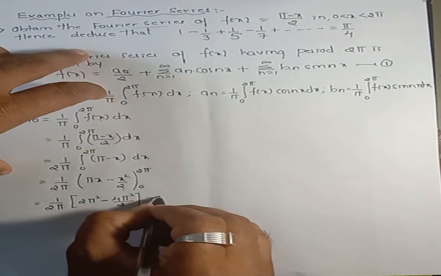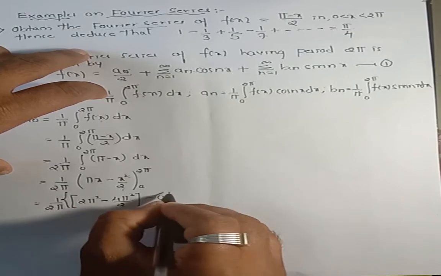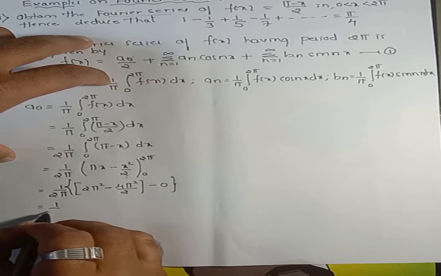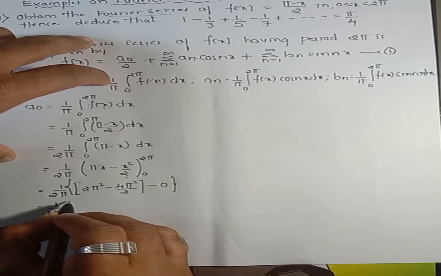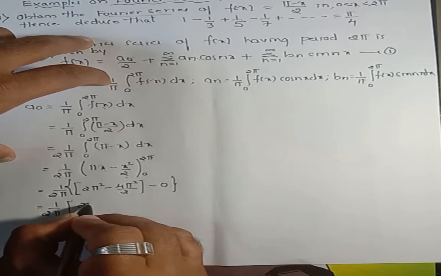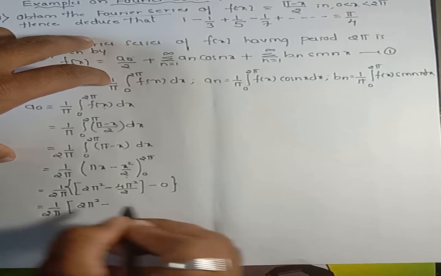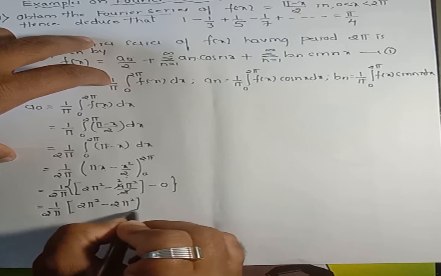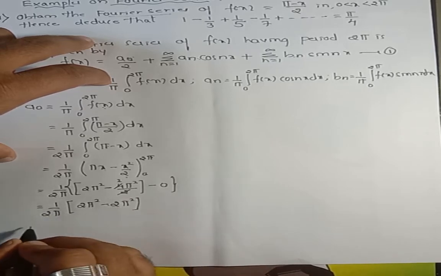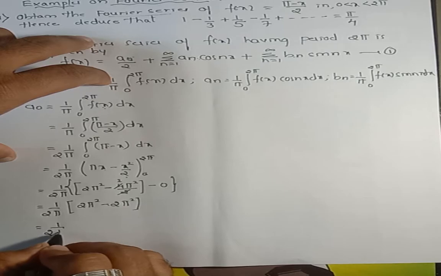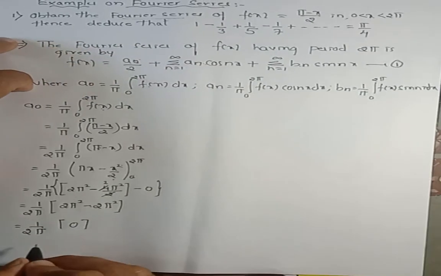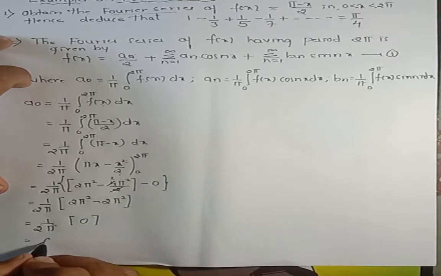Then minus 0, upper limit minus lower limit. Then 1 divided by 2 pi as it is, bracket 2 pi square minus 2 pi square, it becomes 1 divided by 2 pi into 0. So therefore the value of a naught becomes 0.